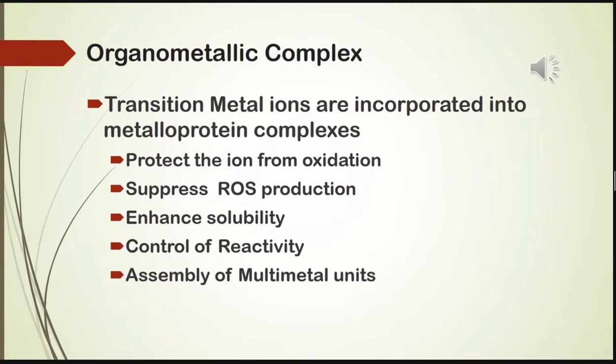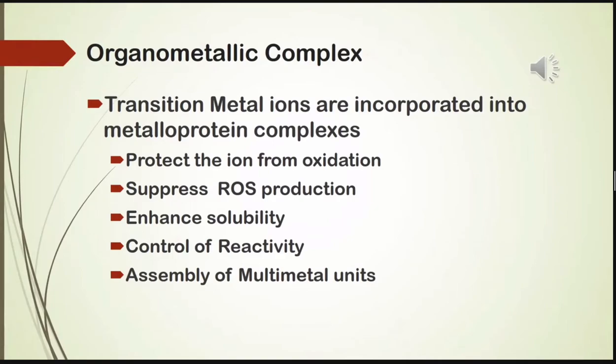To enable the body to control the metal ions, these transition metal ions are incorporated into what we call metalloprotein complexes. They are able to protect the ion from oxidation and thus suppress the formation of reactive oxygen species.